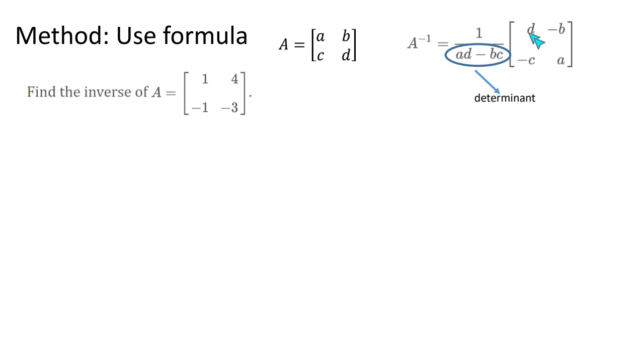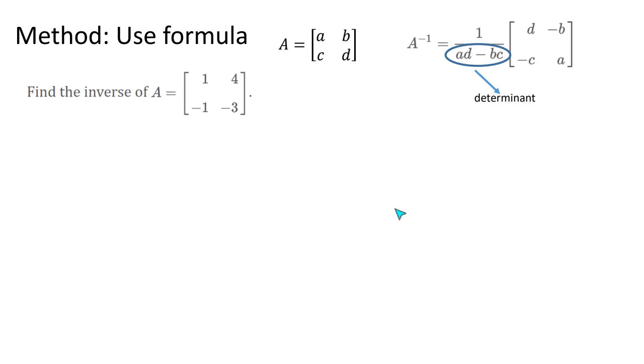And then in the matrix itself, we're going to switch the letter A and D. So notice here you had A and D. We switch them. And then for the B and C, we switch the signs. So you have +B, +C. Now you have -B, -C.